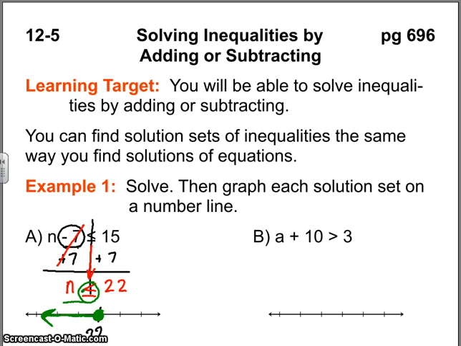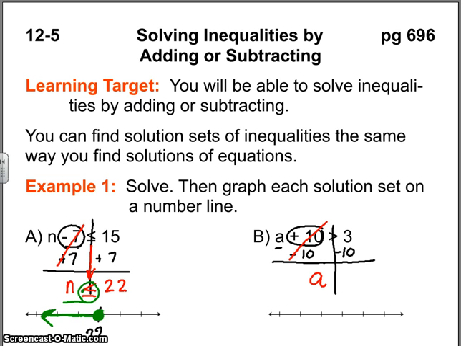And letter B. Again, draw your line down your inequality. We want to get a alone. So next to a we have adding 10. The inverse of adding 10 is subtracting 10. And Panthers, if I subtract 10 from one side, I must do it to the other. My inverse operations cancel out, and I'm left with just a.